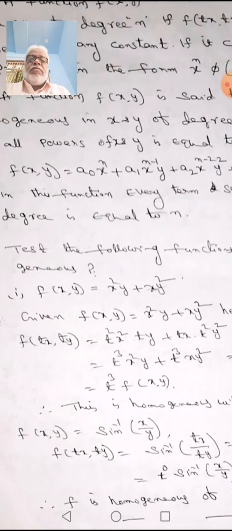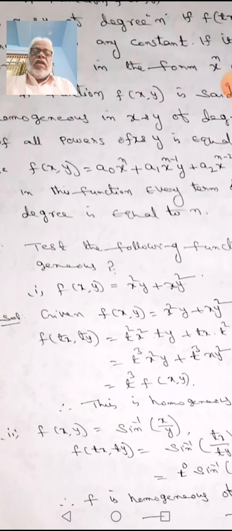Take any term: a naught is a constant, the power of x is n, plus a1 is a constant, with x power n minus 1 and y power 1. If you add the two powers, n minus 1 and plus 1, the minus 1 and plus 1 cancel.